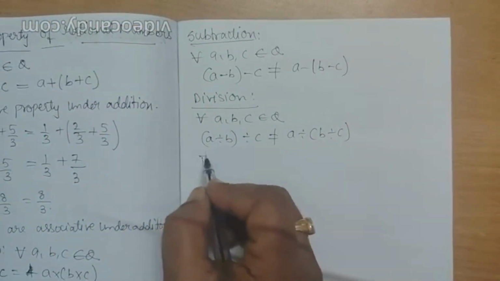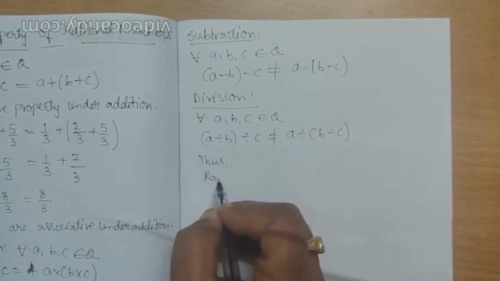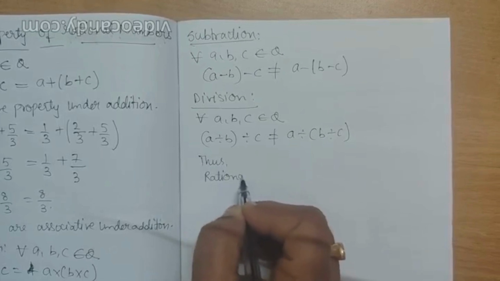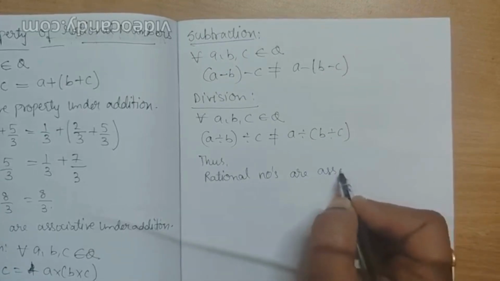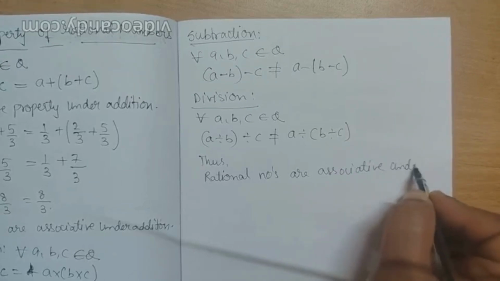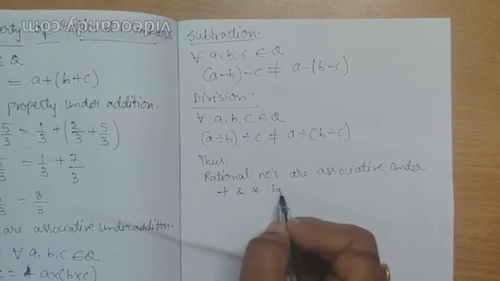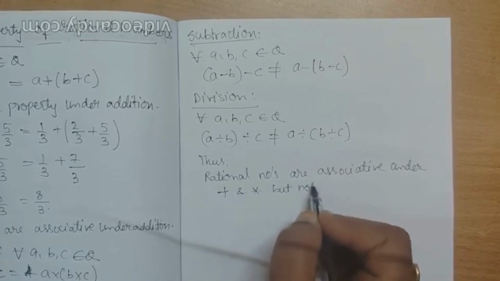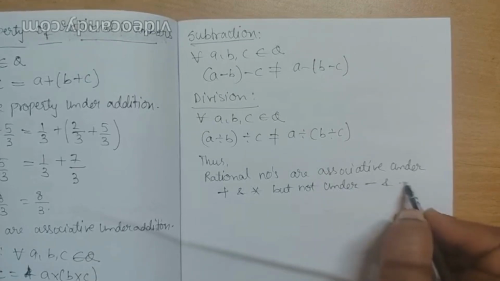So from above, we can say that rational numbers are associative under addition and multiplication, but not under subtraction and division.